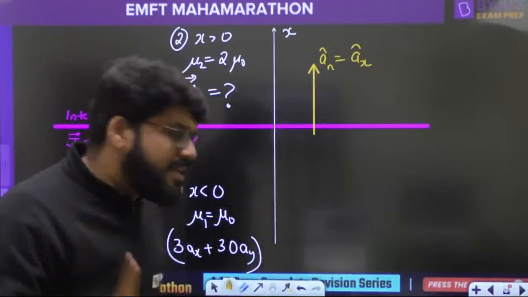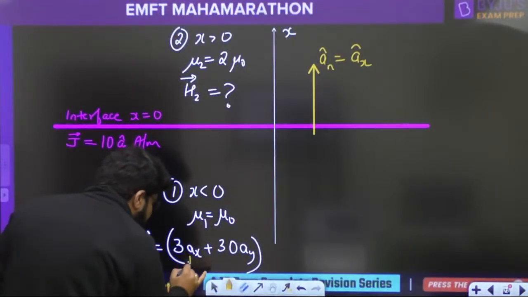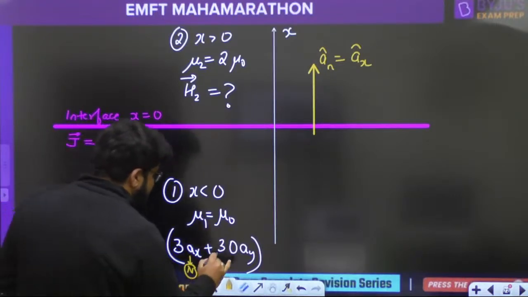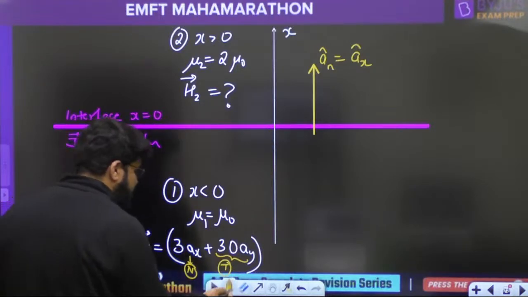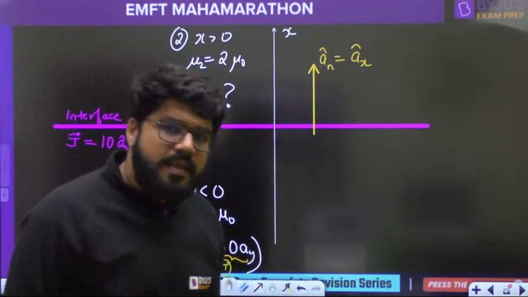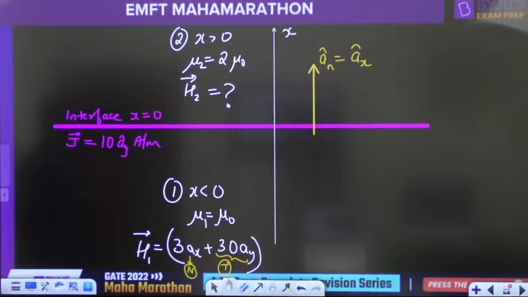If the normal is the x direction, then this is known as the normal direction magnetic field, and the other one is the tangential direction, and this is the magnetic field H1. Everybody, this is complete.